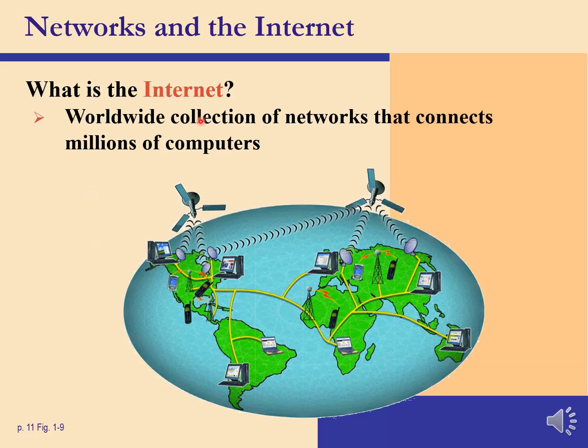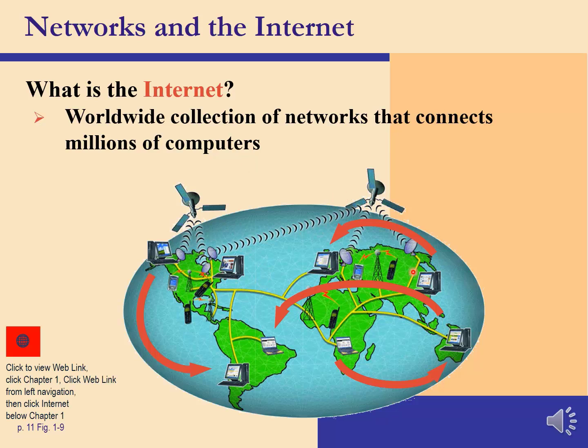What is the internet? The internet is a collection of networks that connect millions of computers. See this figure. This is the world map. The different networks are there. This is satellite, and other networks are on cable.